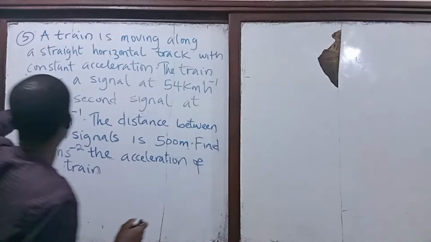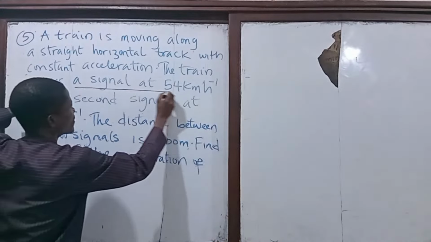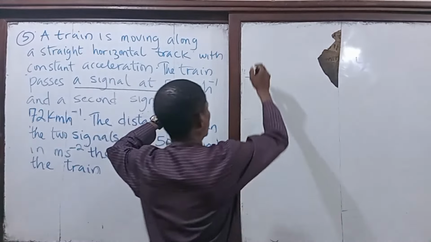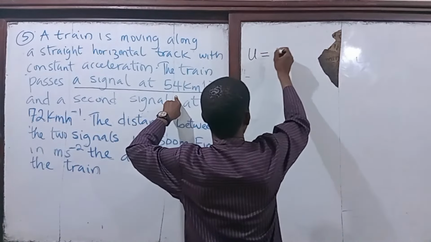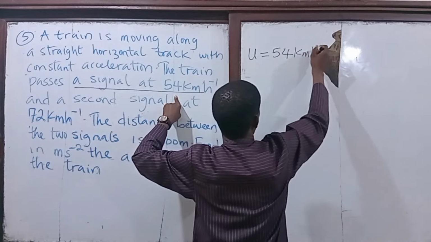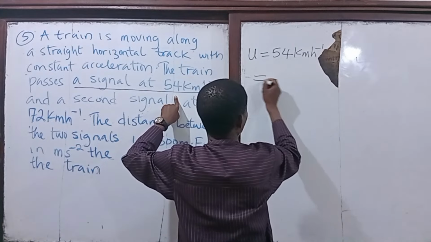The train passes a signal at 54 kilometers per hour. So that will be U, and that's 54 kilometers per hour. So convert this to meter per second.